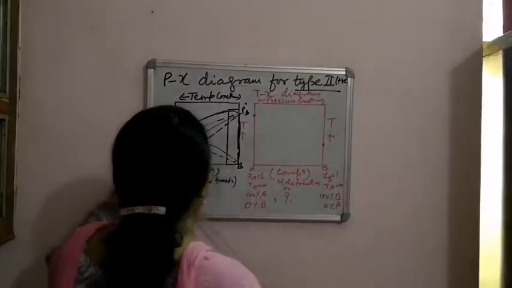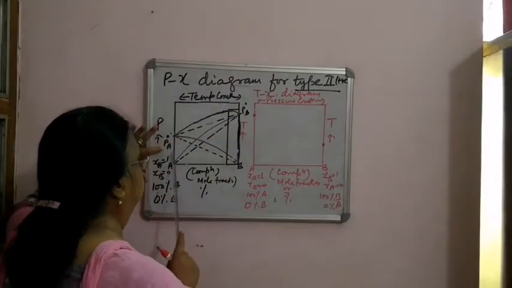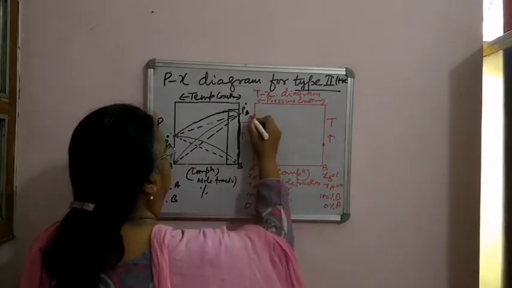So for the TX diagram, as I told, this is having low vapor pressure, so this will be having higher boiling point.